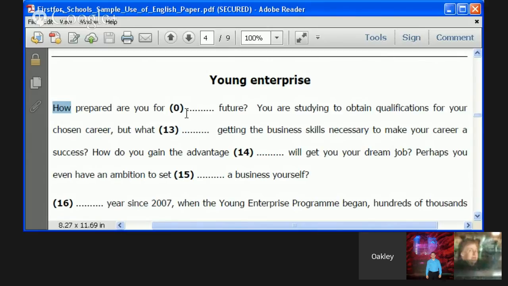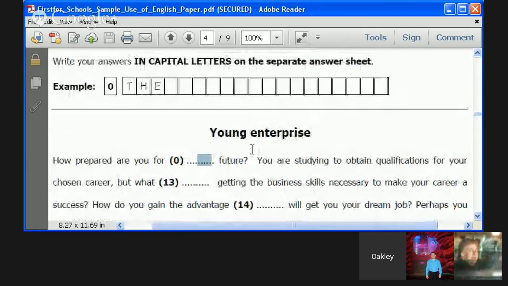One thing on this particular one. For your future. Or for the future. That's a tough one. Okay. Actually, what is the answer? It is the future.